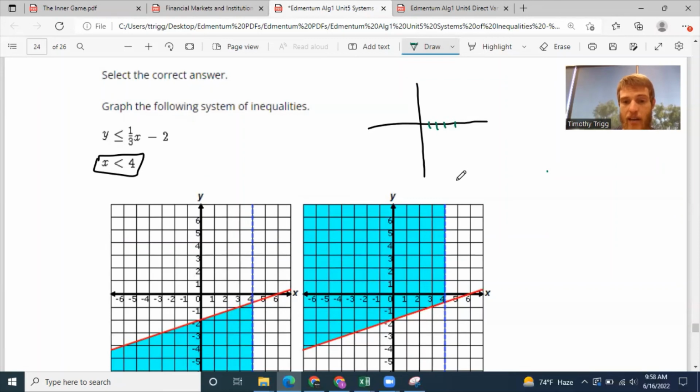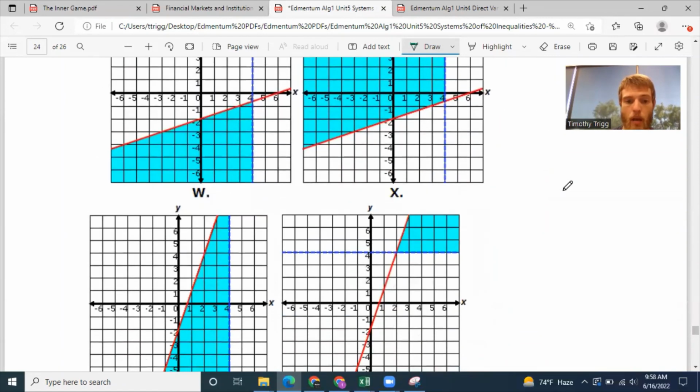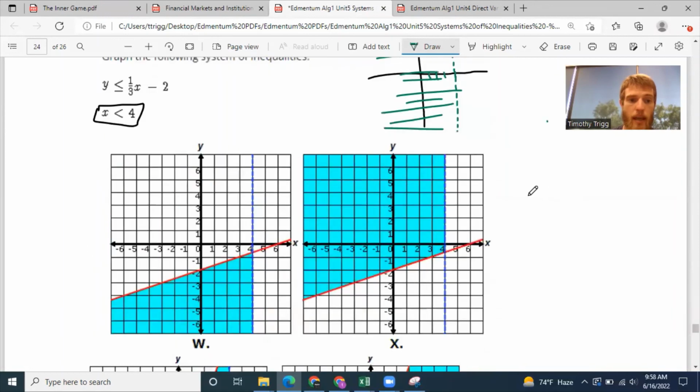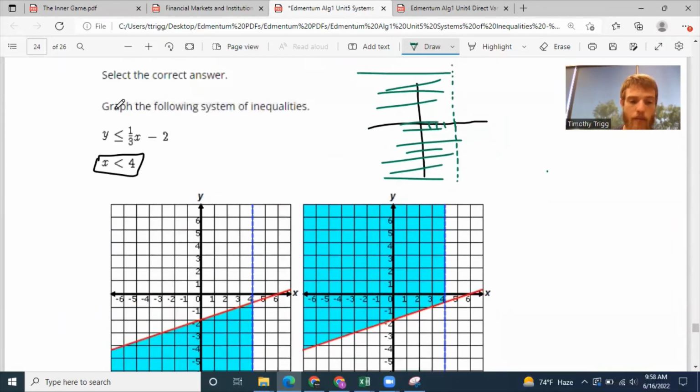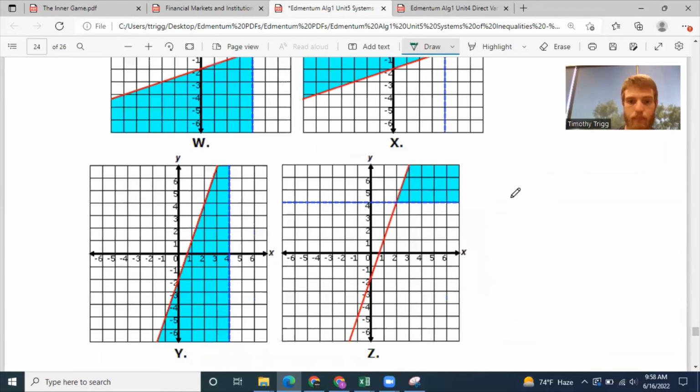And it's going to be a dashed line because it has the strictly less than. It doesn't have the or equal to. And it says x is less than 4, so that's going to be shaded to the left here. Okay, so that's one thing to keep in mind. That'll help you. And then go ahead and graph the second one. For this one, it should be a solid line, and it should be shaded below. Okay, so that's one thing to keep in mind.